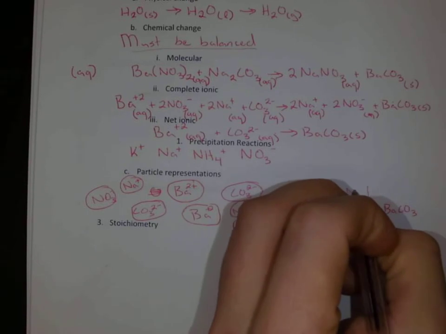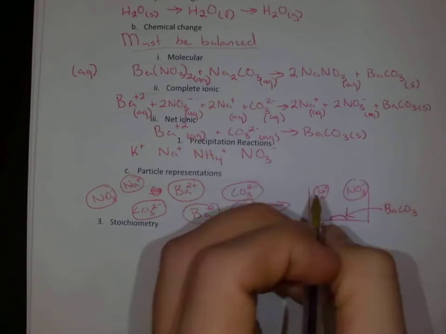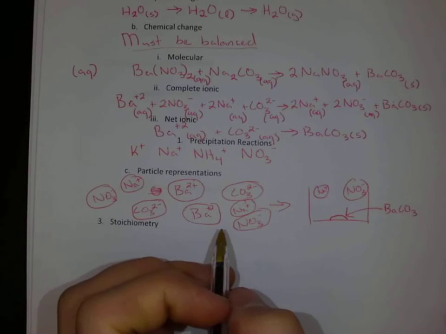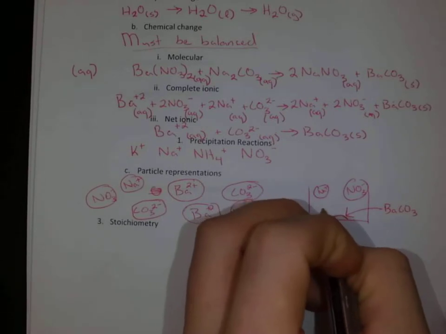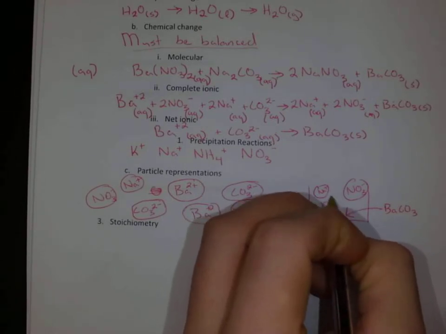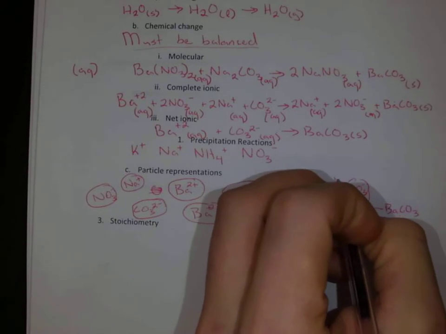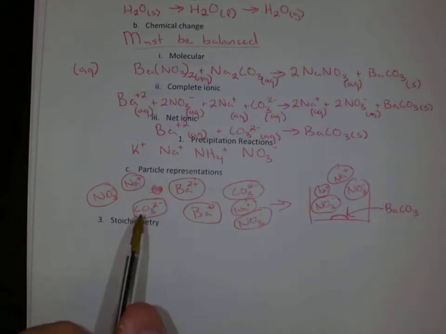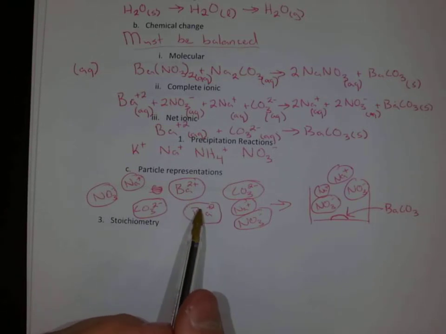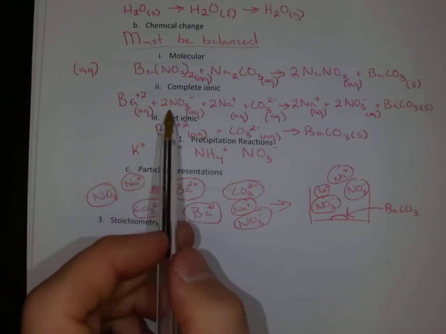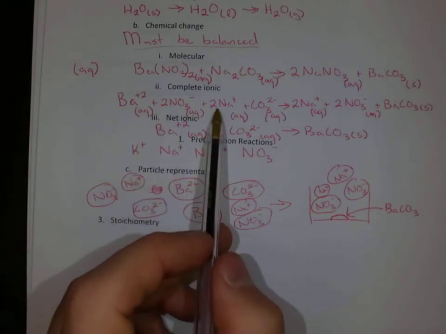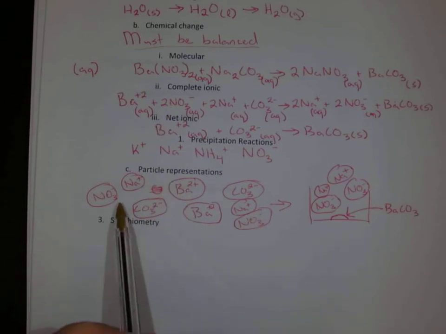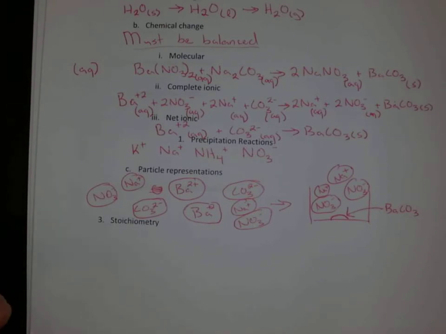So I drew 2 of each on both sides, so I would need to draw the same number on both sides. Even in this case, if I have 2 bariums, I would need to draw 4 sodiums and 4 nitrates rather than just the 2 that I drew. And that's starting to get us into our stoichiometry, so we'll come back to that in a second.